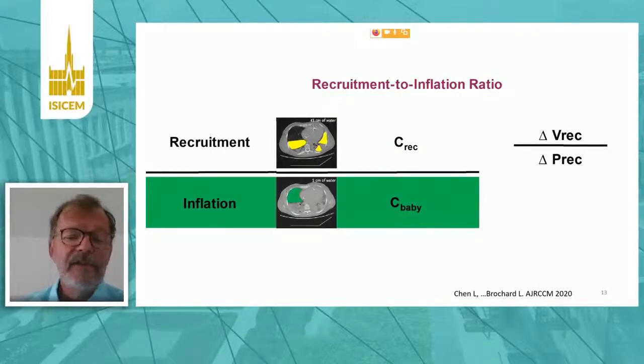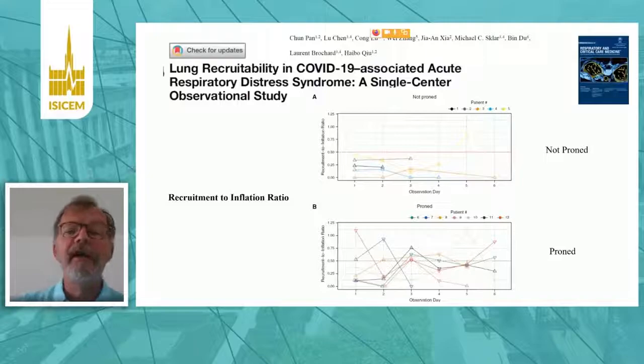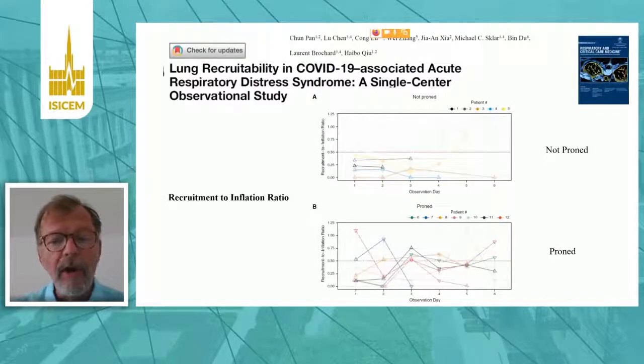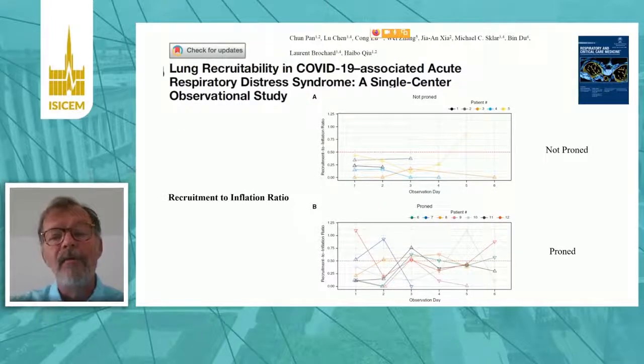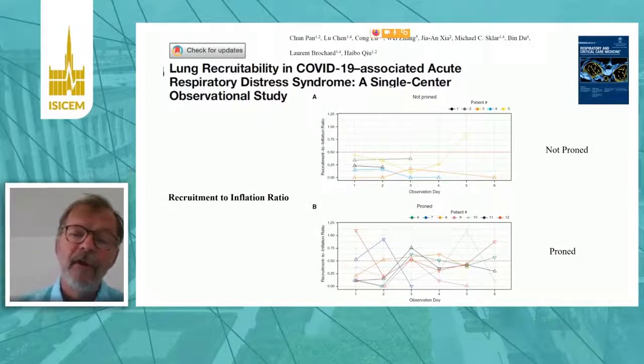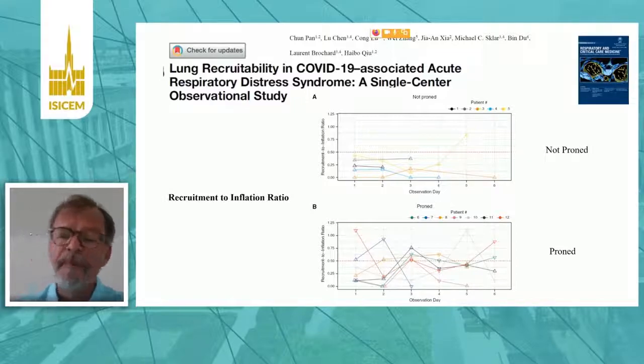And we have used this technique even in the COVID-19 patients with colleagues from China in Wuhan during the pandemics. Here you see an example of the values of the recruitment to inflation ratio, and you have on the top patients who were not submitted to prone position. On the bottom, patients who are submitted to the prone position.